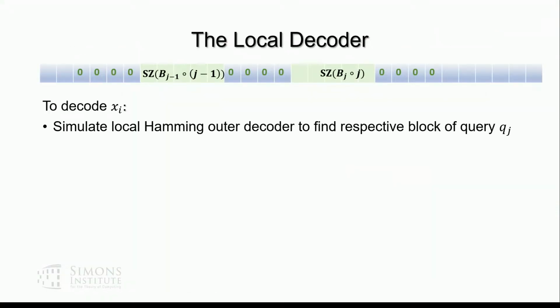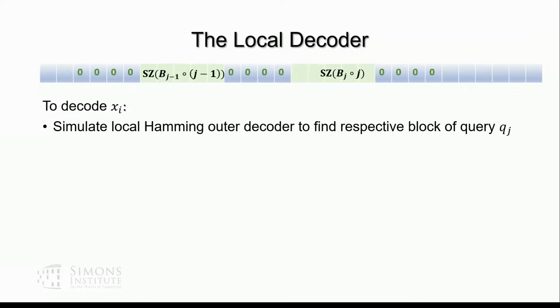Okay, so if there are no errors, how do you figure out the value of a message at position i? We simply simulate the local decoder, the outer decoder, right? It's going to tell us what queries to make.